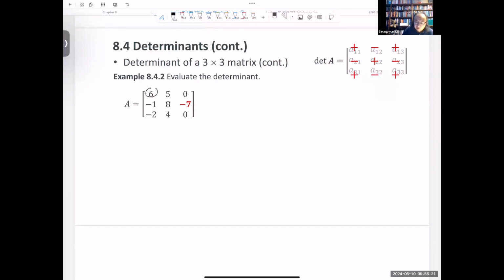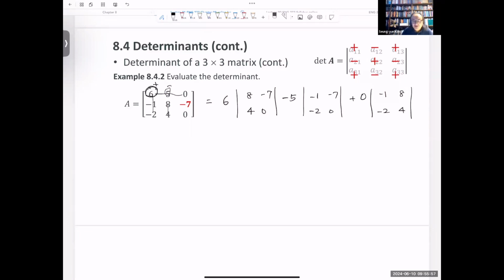Okay, let's work on another one. You want to work on the first row. This is plus 6. Cross this out: 8, -7, 4, 0. Minus 5, -1, -7, -2, 0. Plus 0 times -1, 8, -2, 4. So 0 times something is 0, so we don't have to work on it. You can do this by looking at this column.